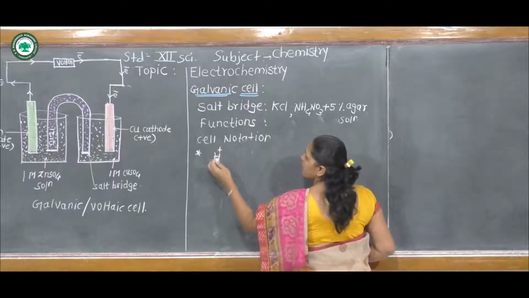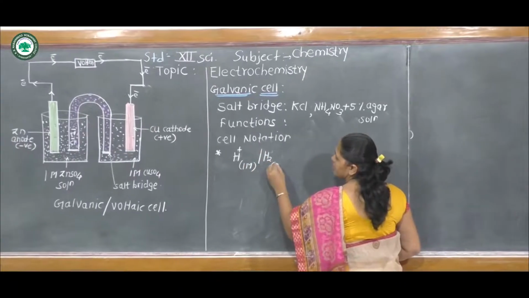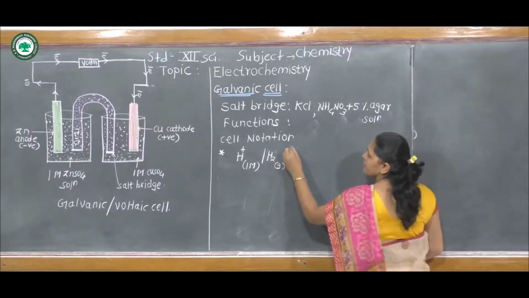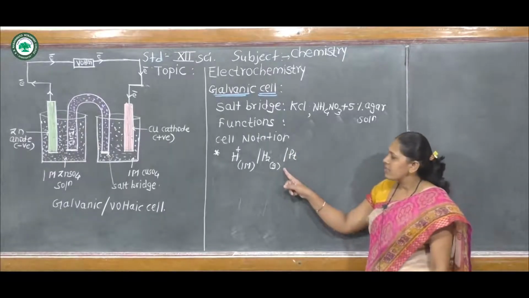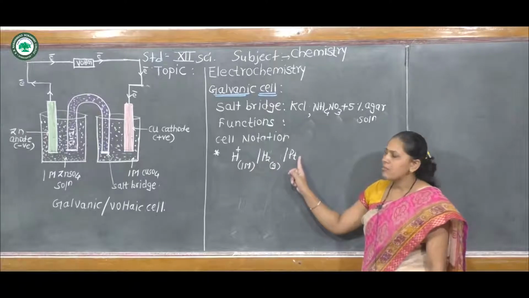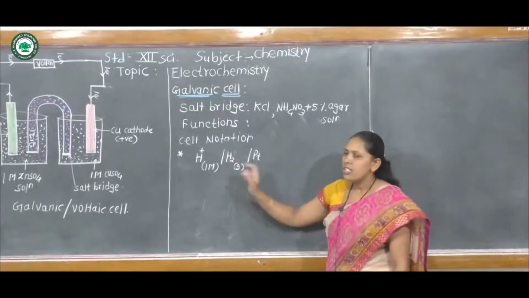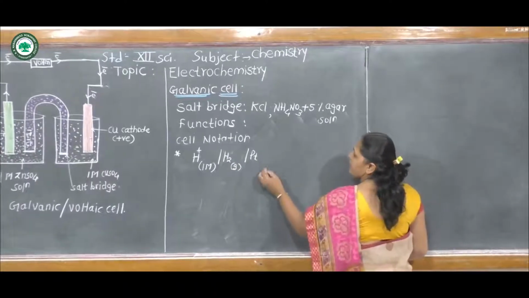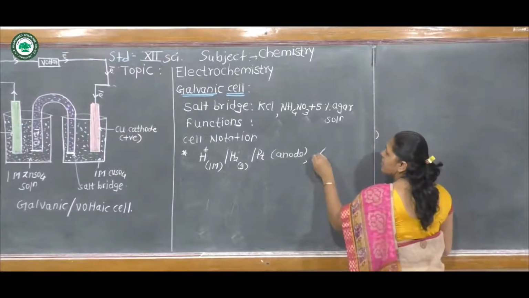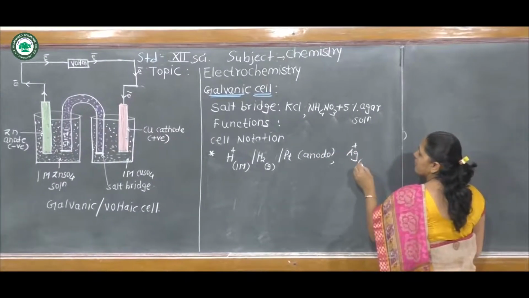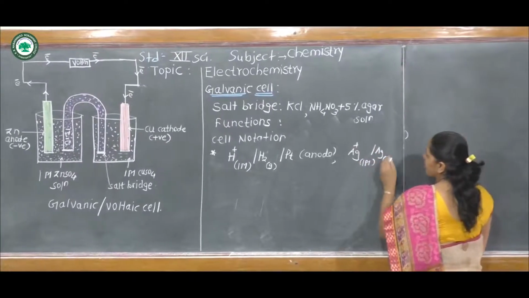The hydrogen gas electrode is written as: hydrogen gas is adsorbed on platinum, and that platinum electrode is dipped in a solution containing H+ ions, and it acts as an anode, and the silver electrode acts as a cathode.